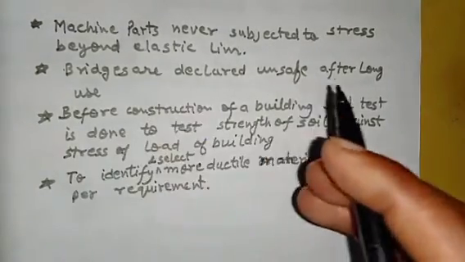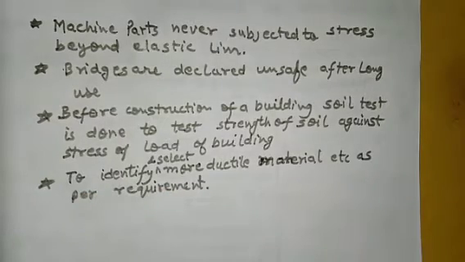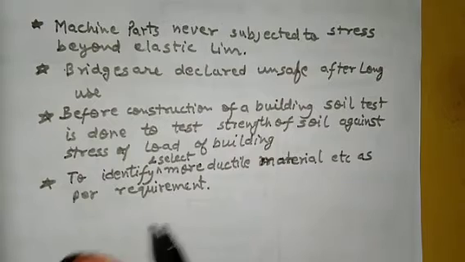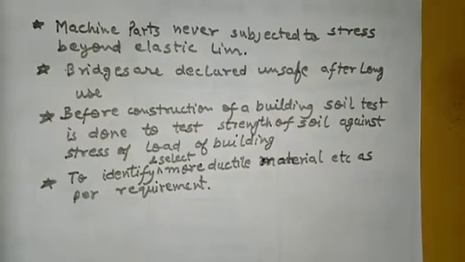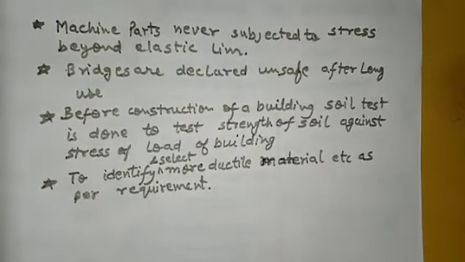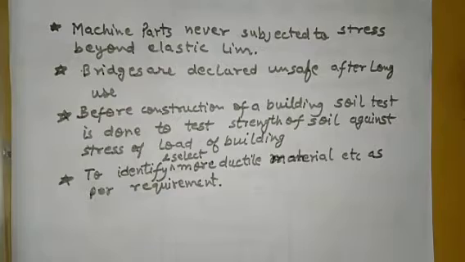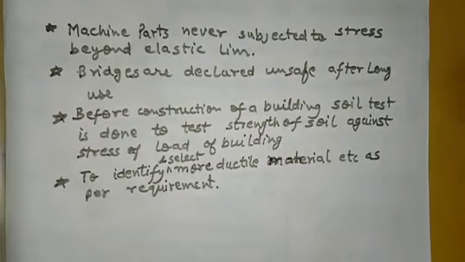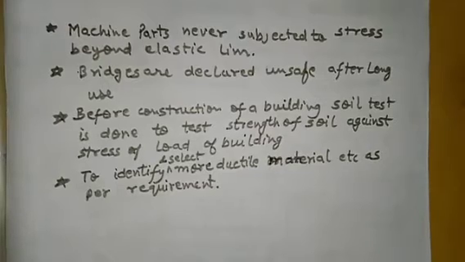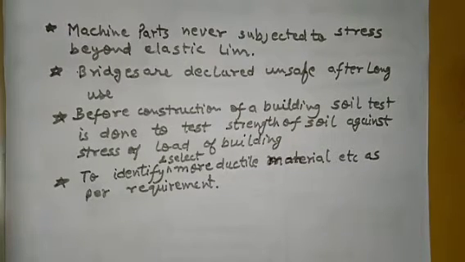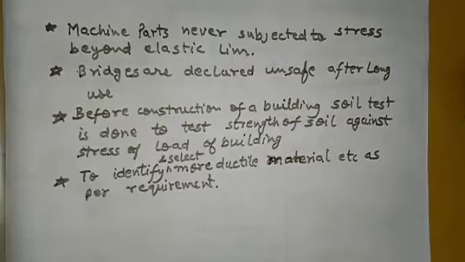Bridges are declared unsafe after long use because they repeatedly go through the cycle of deforming and regaining shape. After longer use, they start reaching the permanent set region, and then turn plastic in nature.